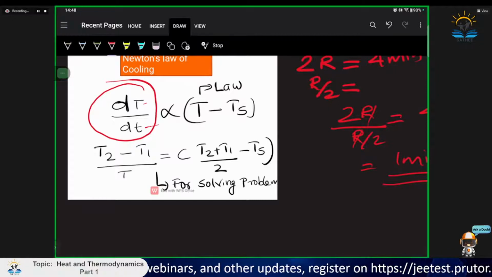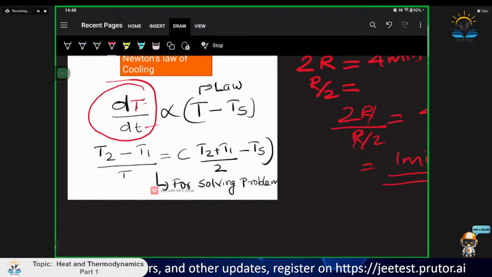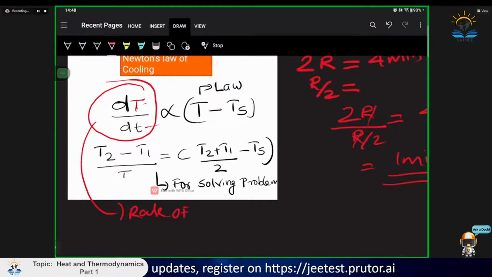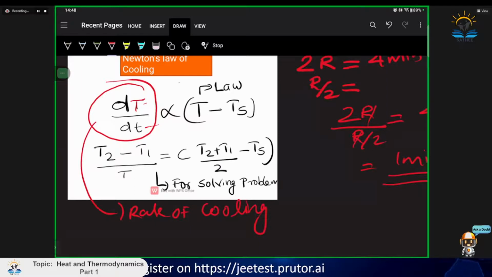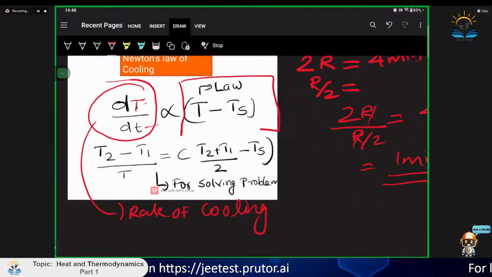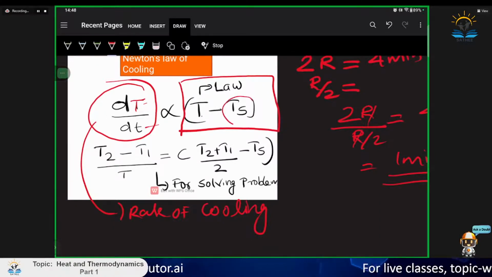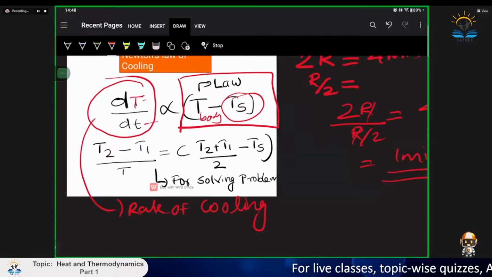Rate of cooling is proportional to the temperature difference of the body's temperature and the surrounding temperature.